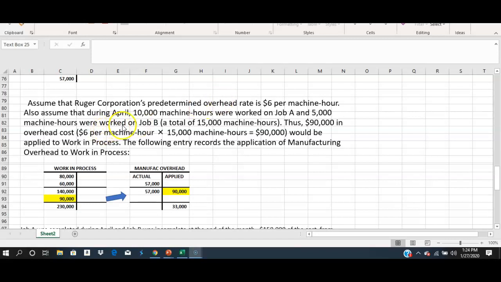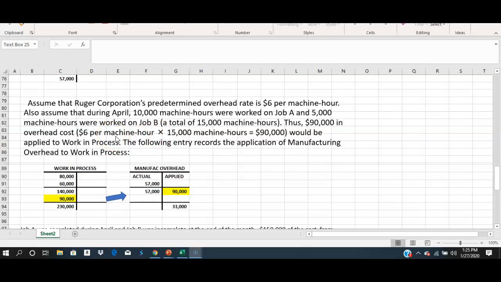And for job B, there were 5,000 machine hours for the month of April, a total of 15,000 machine hours. So we're going to assign a total of $90,000 in overhead cost, 15,000 hours times $6 per hour.